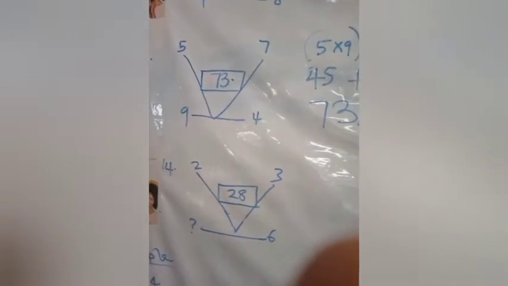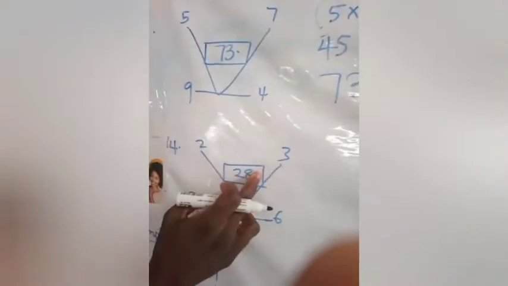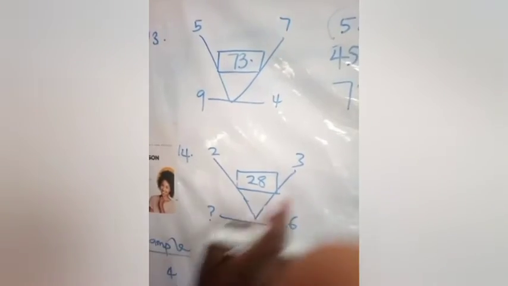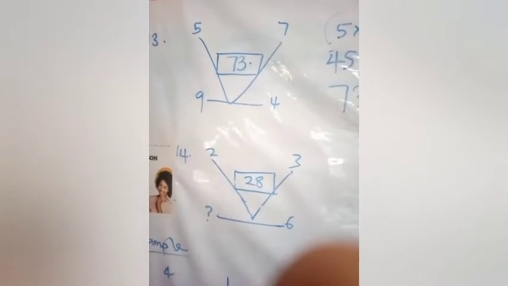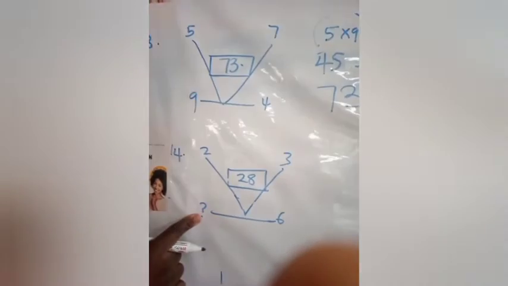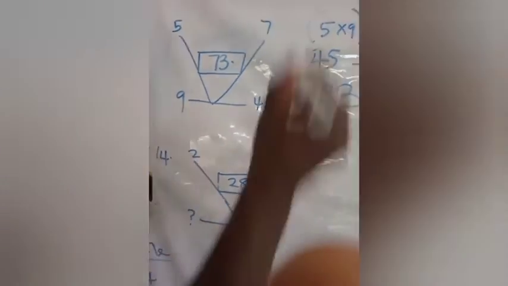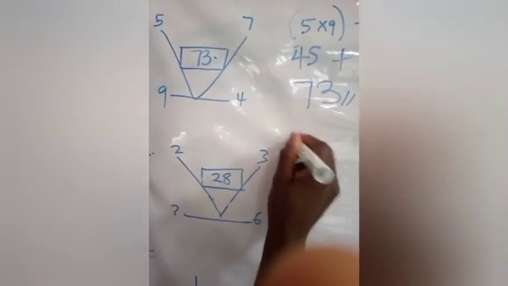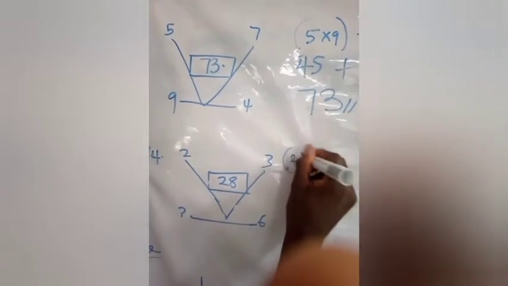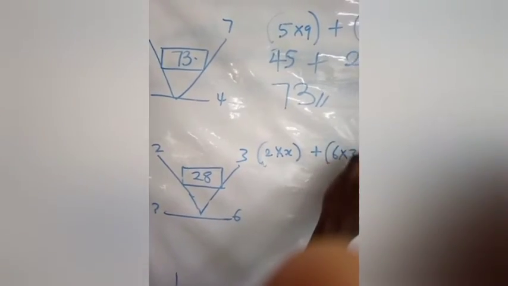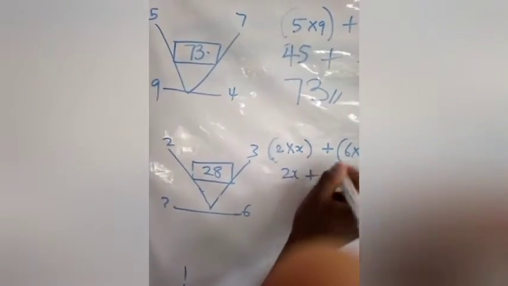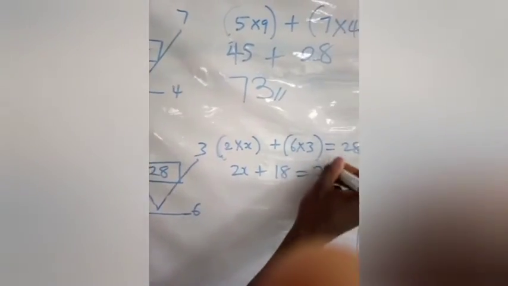Now, since we all know that to obtain this middle figure, the figure at the center, we have to multiply this, sum it up. So since we are told to solve for this, simply put, you can make this x. So you multiply this 2. That is 2 times x plus what? 6 times 3 is equal to what? 28. 2 times x gives us 2x. 6 times 3 gives us 18, equal to 28.